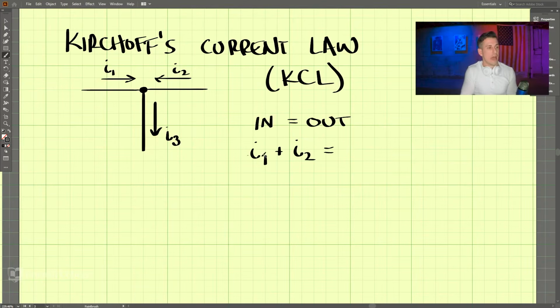This one is going out. So we have I3. Now we can rearrange this equation for I1 plus I2 minus I3 equals 0. So these are the same thing. Whatever one you want to use, you can use. So these are the same thing, and that is Kirchoff's current law.